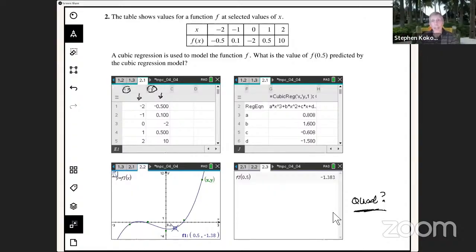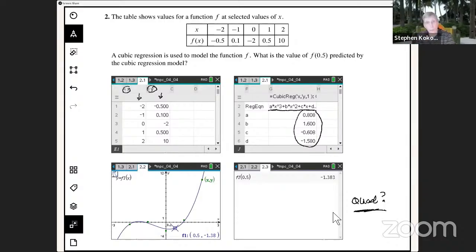And then the TI-Nspire has a cubic regression command. And when you run that, it does something similar to the TI-84. It returns and stores all of the values, and it will also store that function. So here are the values of those constants in that general cubic expression.